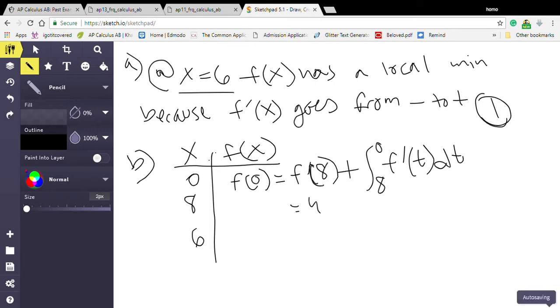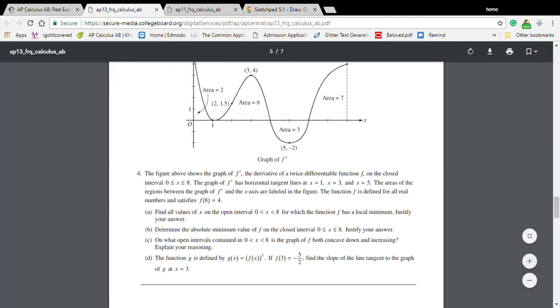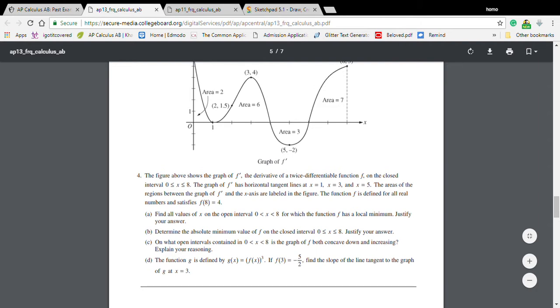When you switch the limits, the sign also changes. So it goes from 0 to 8, the positive becomes negative, and we still have f prime of t dt. So it's 4 minus the integral from 0 to 8 of f prime of t dt. Looking at the graph, 2 plus 6 is 8, minus 3 is 5, 5 plus 7 is 12.